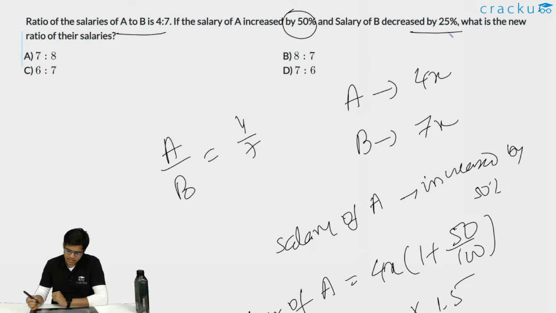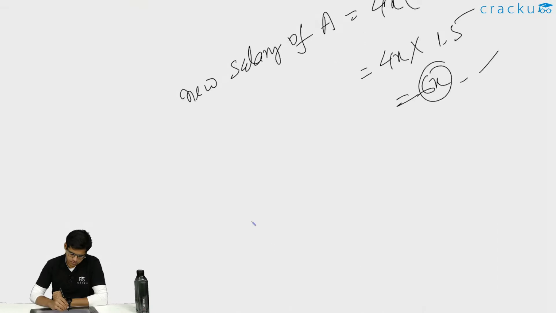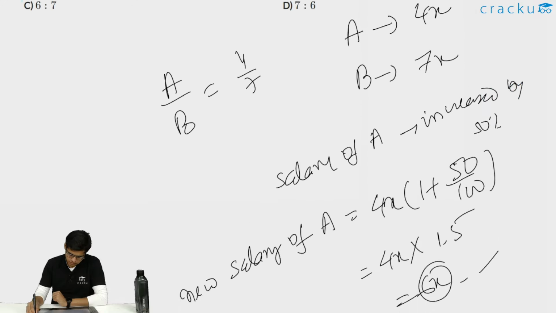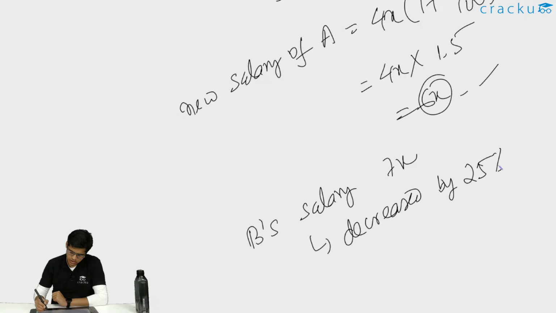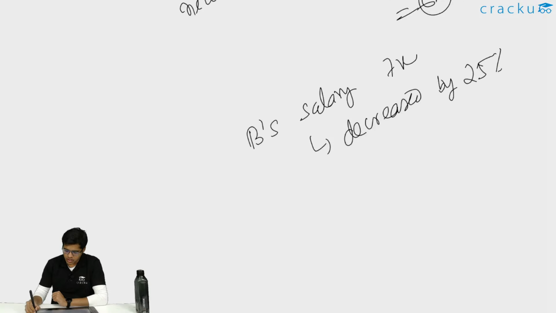And B's salary is decreased by 25%. So B's salary is basically 7x. And it is decreased by 25%, right?